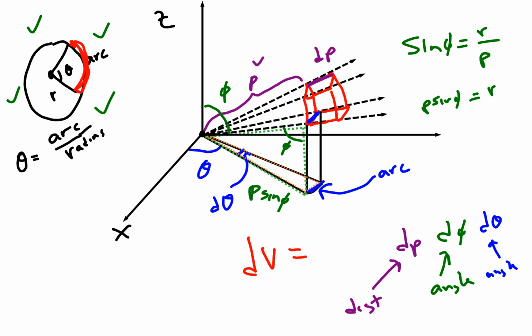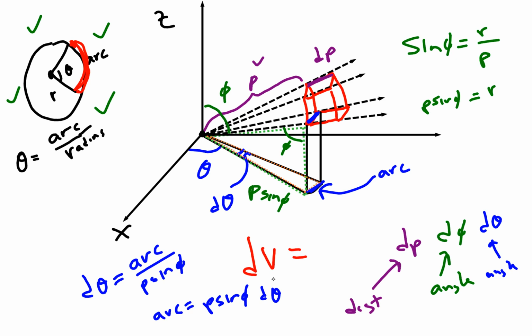I can say that d theta is equal to that arc divided by the radius, which in this case would be rho sine phi. And if you solve that for the arc, you get that the arc is rho sine phi d theta.